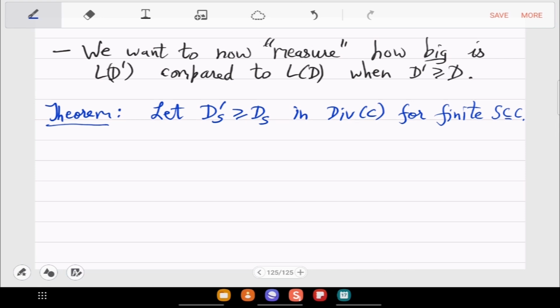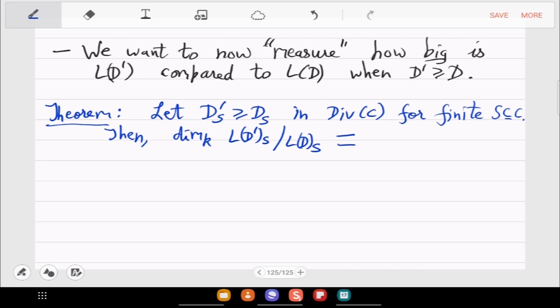So that's a major theorem. So the setting is S is a finite set of points on the curve, and we have D prime greater than or equal to D on the restricted points S. Then this dimension of the quotient space, L(D prime,S) mod L(D,S), can you guess what this is equal to?